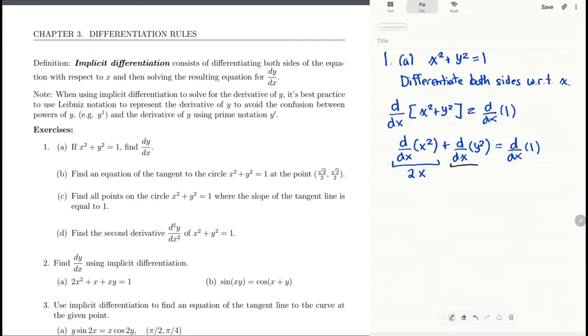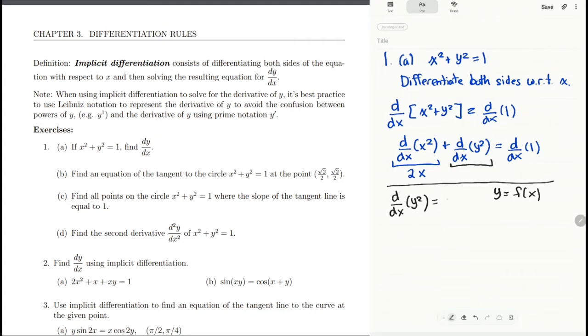But now let's deal with the second term to the side. So we're looking for the derivative of y squared with respect to x. Now what we need to keep in mind is that y is some function of x. And so if we want to find the derivative of y squared with respect to x, what we have to keep in mind is the chain rule.